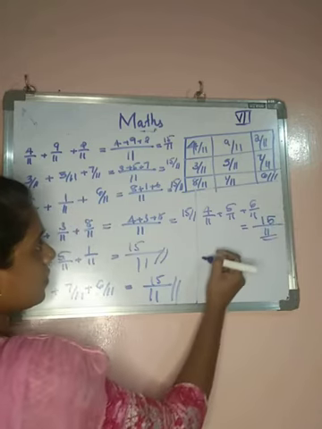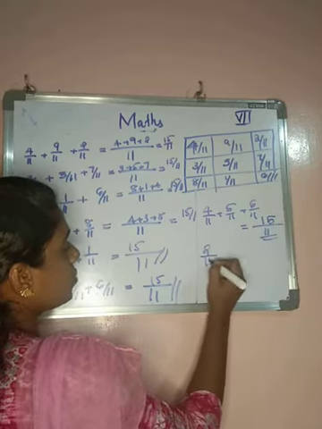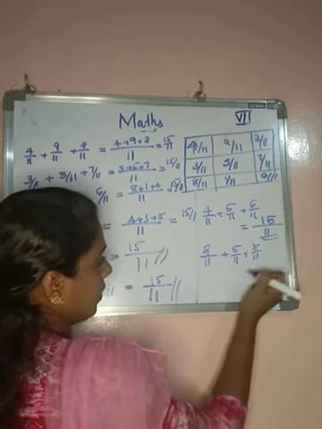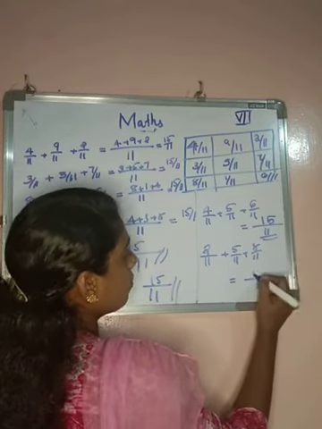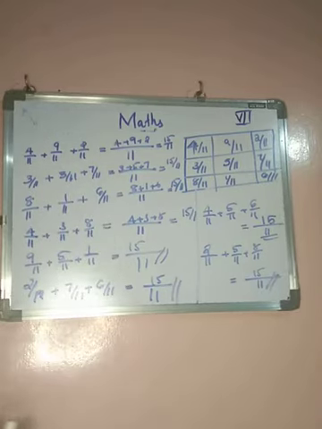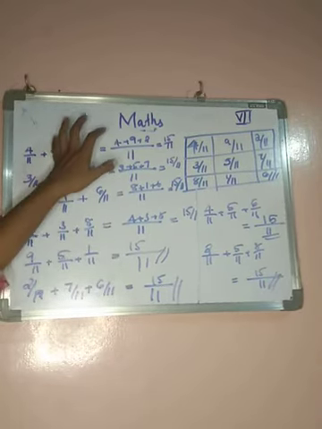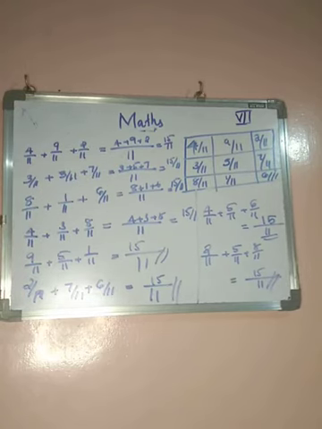We get the answer 15. Then another one is 2 by 11 plus 5 by 11 plus 8 by 11. We get the answer 15 by 11. So the sums of the rows, columns and diagonals are the same answer.